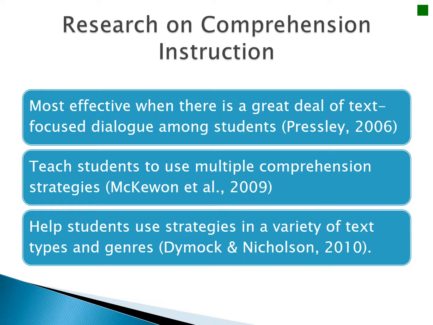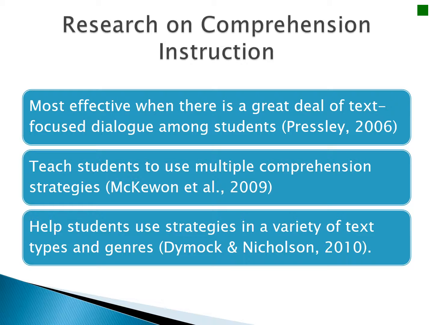So we want to introduce through think-alouds several strategies, those 5 big ones, and we can spend more time on one and focus on that one, but we need to teach all of them and model all of them for our students so that they can use them in conjunction with one another. And we also have to help the students use the strategies in a variety of text types and genres.